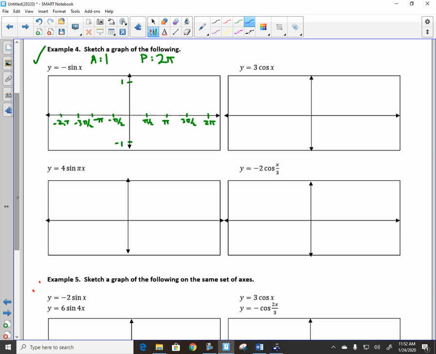Where do I start? Do I start by going up or by going down? Why? Because it's negative. It creates a vertical reflection.